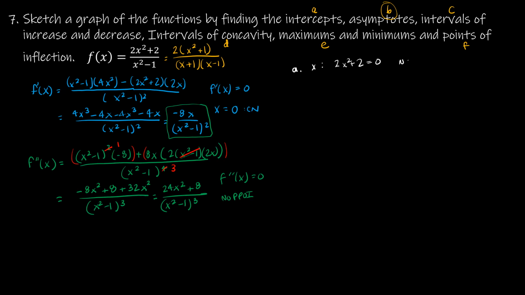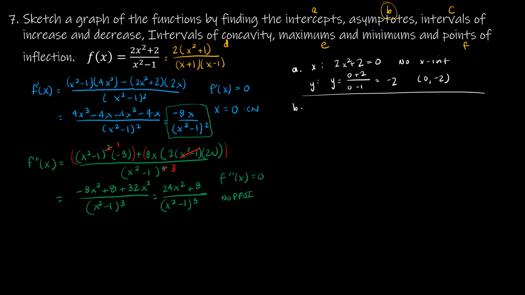Never. No x-intercept. The y-intercept occurs when x is equal to 0. So y is equal to 2 times 0 squared, which is 0, plus 2 over 0 minus 1. That gives me negative 2. So my y-intercept is (0, negative 2).